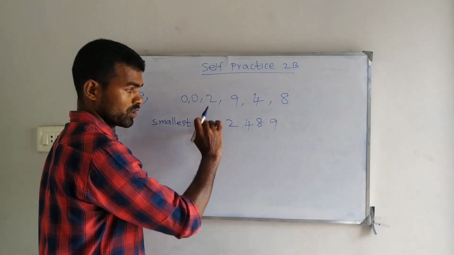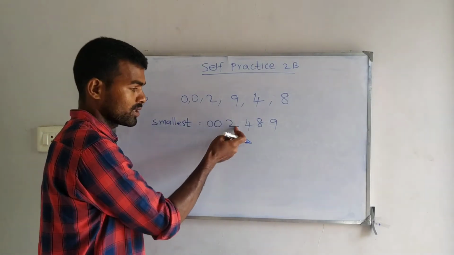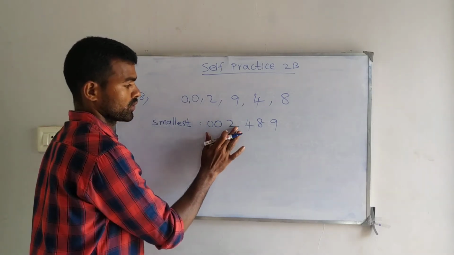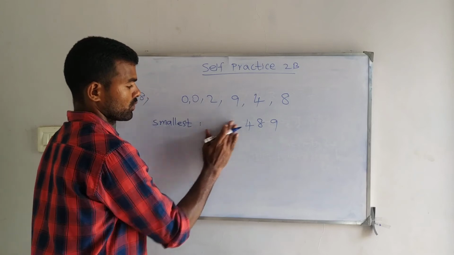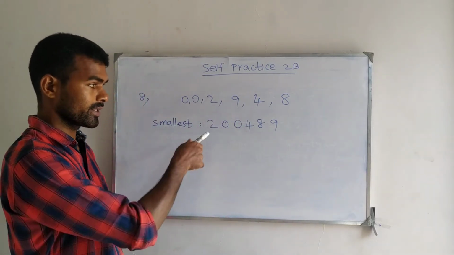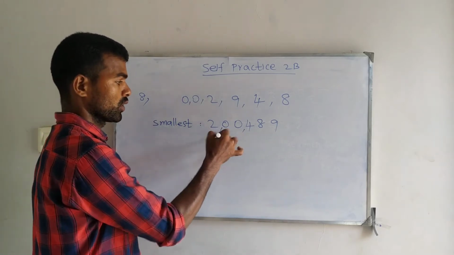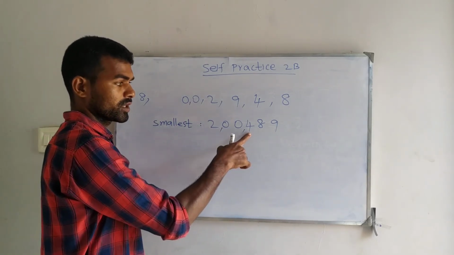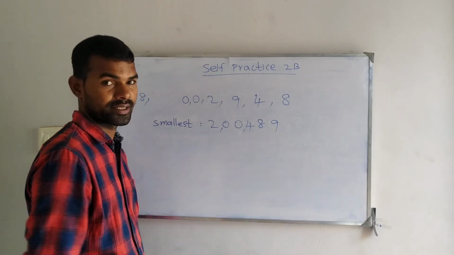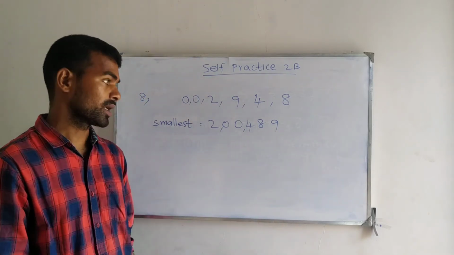Shift this 20 to the right side and this 2 to the left side. Understood? 2, 0, 0. Like this. Now it is a 6-digit number. You can read it now: 2,00,489. This is the smallest number.